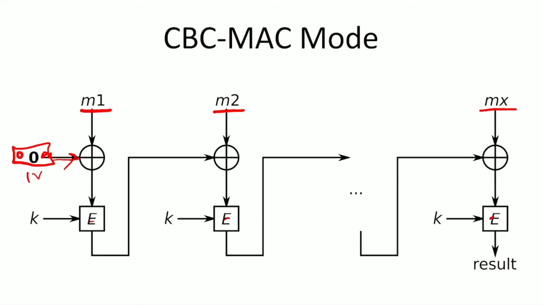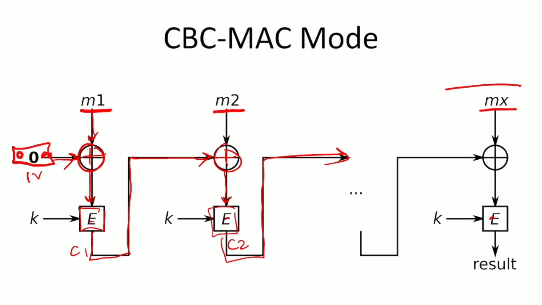So for the first block, we chain the initialization vector with the message block by doing XOR, and its output is what is going to be encrypted, which will give us the first ciphertext block. And we chain that ciphertext block with the plaintext block 2, M2, again using an XOR operation, which we again encrypt. We get C2, which we again chain. So it's cipher block chaining. And then we do it for all the blocks.